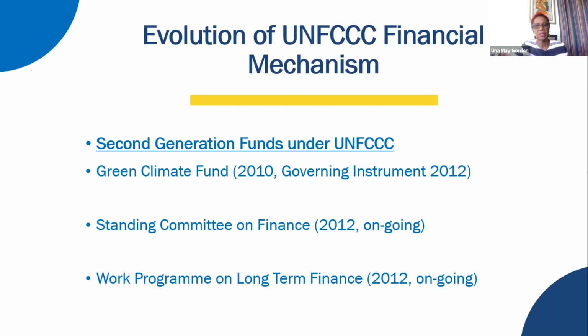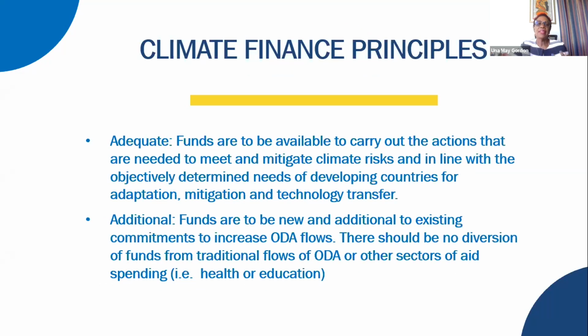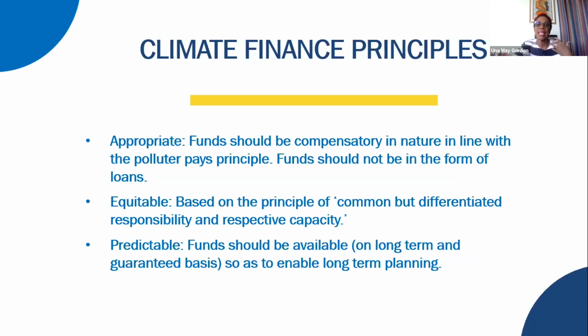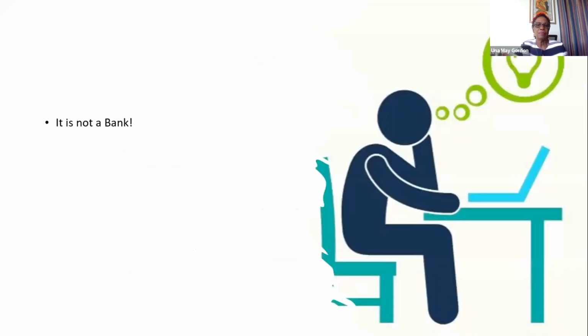And then there are the principles which guide climate finance. It needs to be adequate, additional, appropriate, equitable, and predictable. We need to know how much money we are getting.